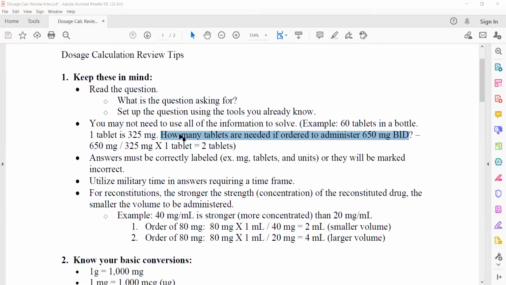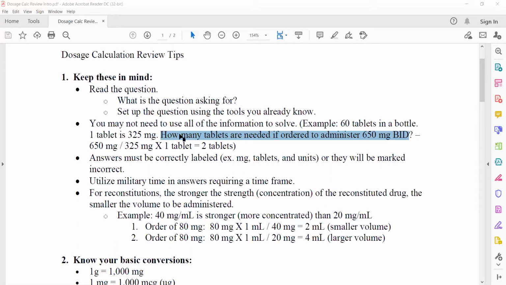And the way that I always try to keep these things in mind is, imagine, BID means every 12 hours. You probably are not going to be with the patient for the first and the second administration of this medication. So just keep in mind that the question that's most likely going to be asked is per dose. If it doesn't say per day, you can safely assume per dose.